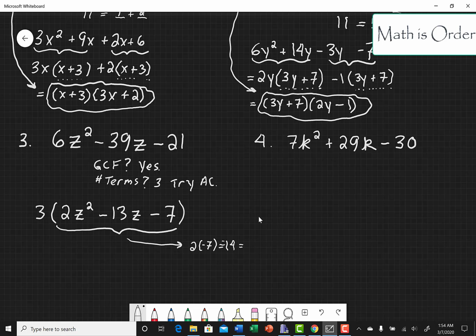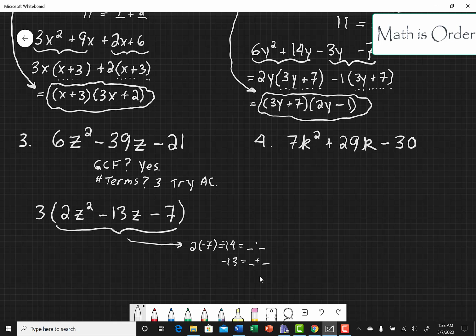And we want to know, are there any 2 numbers that multiply to give negative 14 and add up to give negative 13? And 7 times negative 2 will give negative 14. But 7 minus 2 will not add up to negative 13. So that factorization will not work.